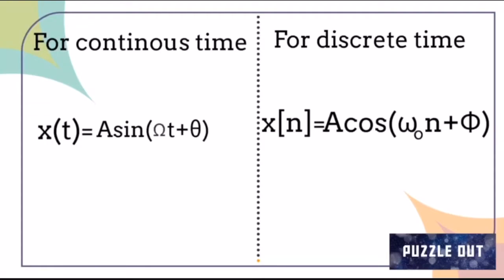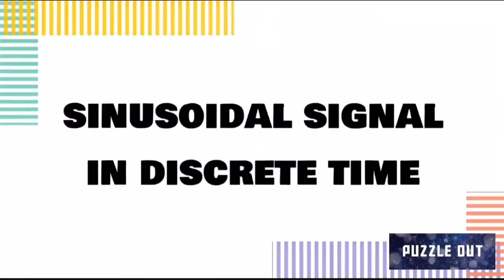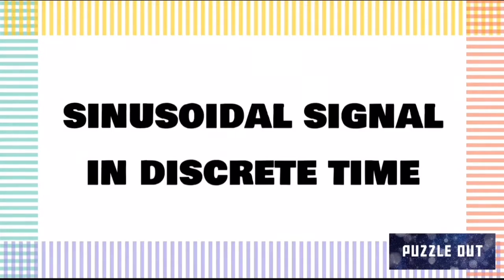Here omega is the fundamental frequency, A is the amplitude, and theta or phi is the phase difference. In the graphical representation, it traces the shape of a sine or a cos waveform.